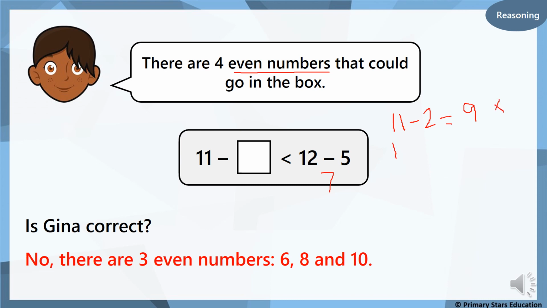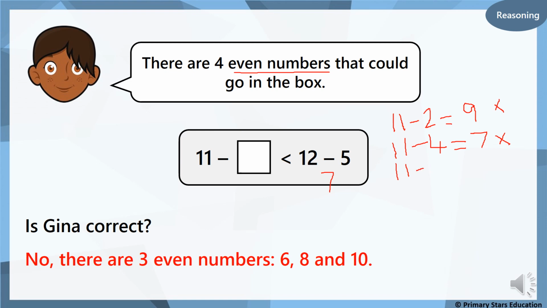The next even number I would use would be 4. Let's be logical. So what's 11 take away 4? That would be 7. So is 11 take away 4 smaller than 12 take away 5? No, it's not. It's equal to.